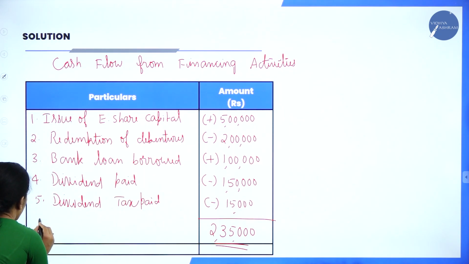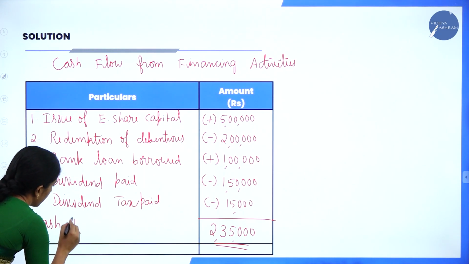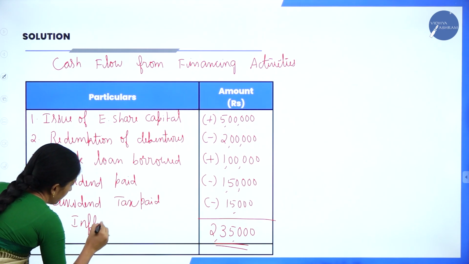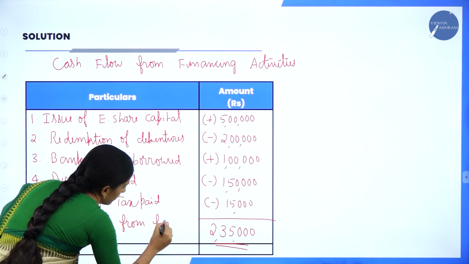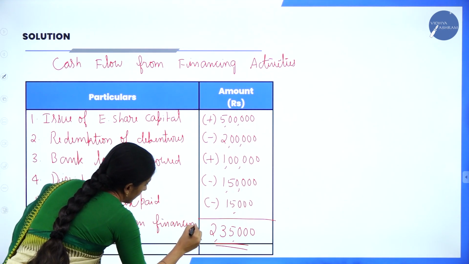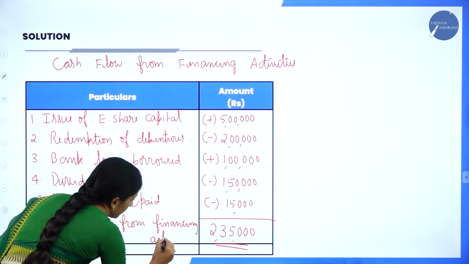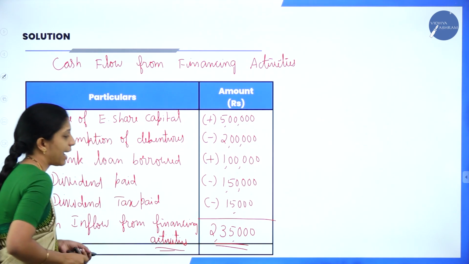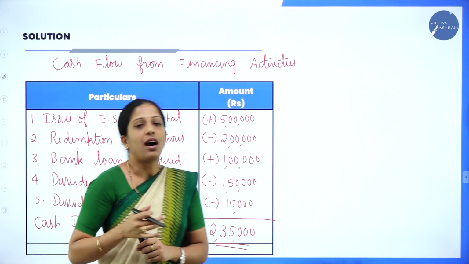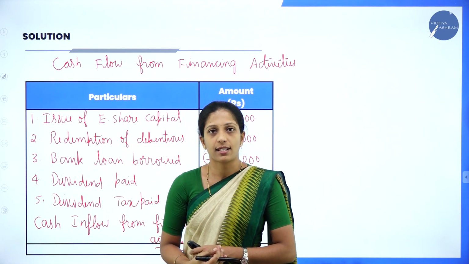So what it is? Cash inflow from financing activities. So this is how you will solve the problems on financing activities.